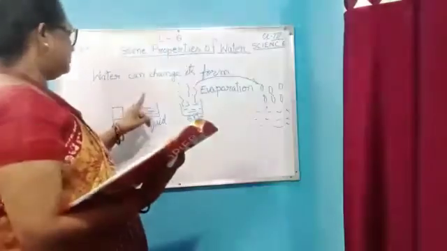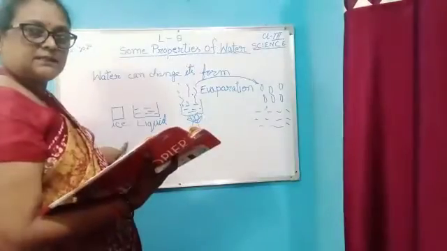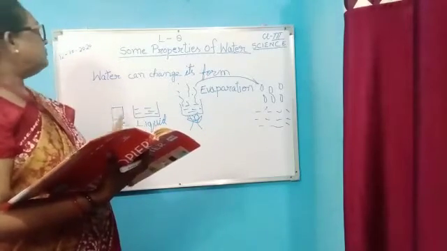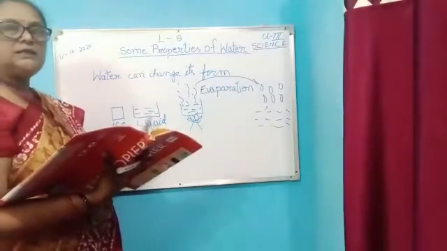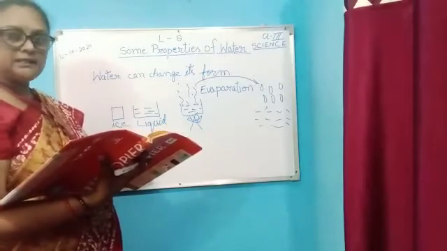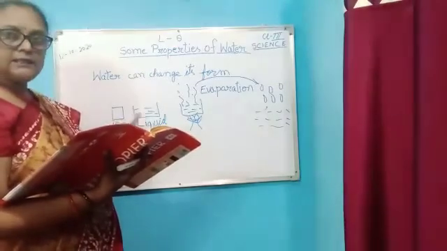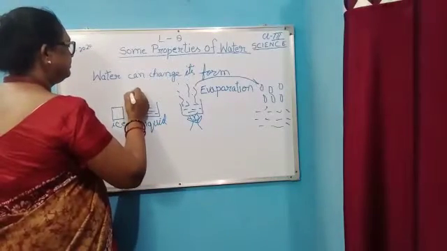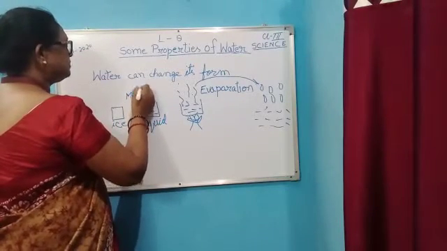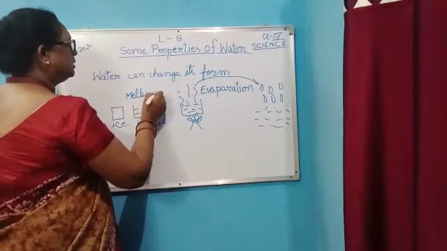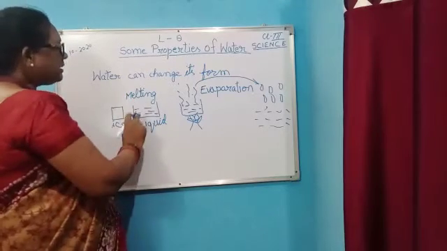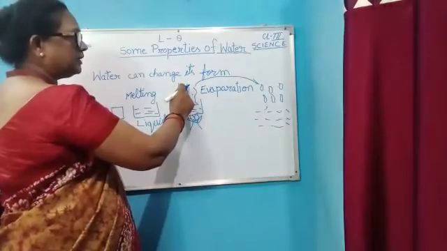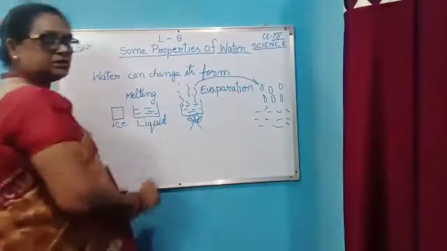So, understood everyone? When water is in ice form, that is solid. When it is kept outside, it changes into water, that is liquid, and it is called melting. Ice is melted into water. And when this water is heated, it changes into water vapor, that is called evaporation.